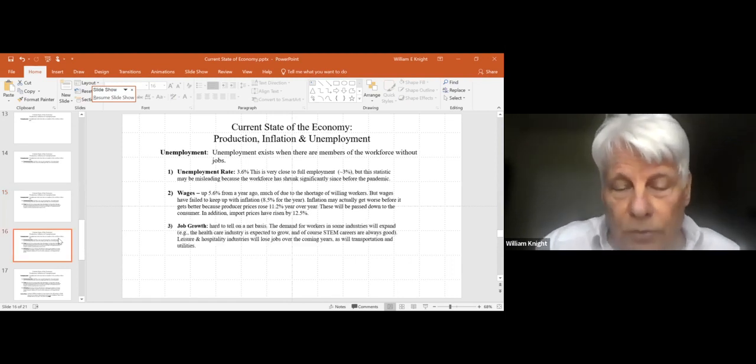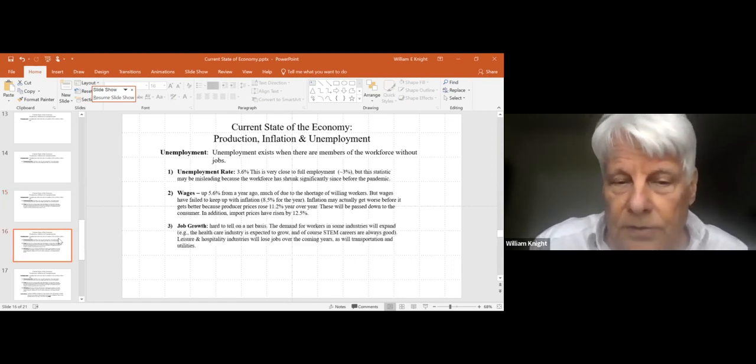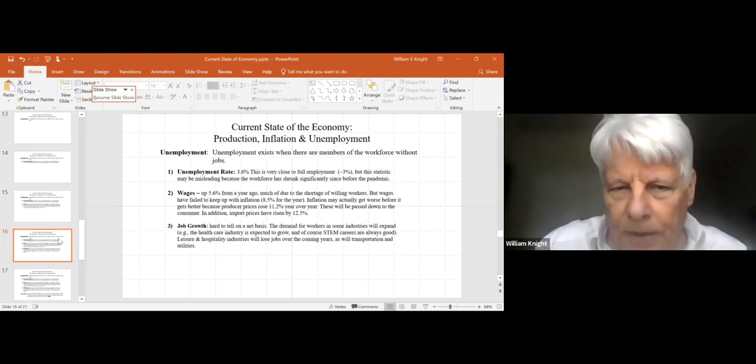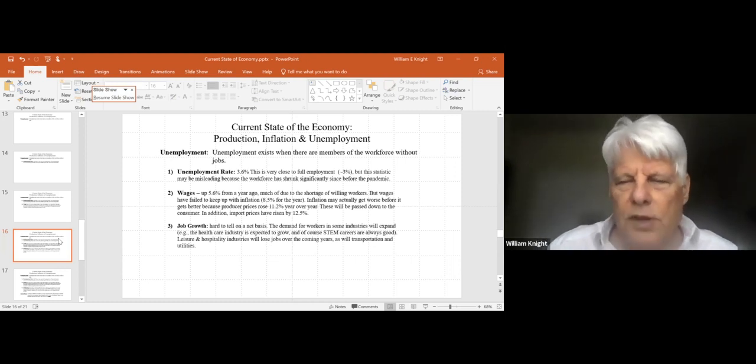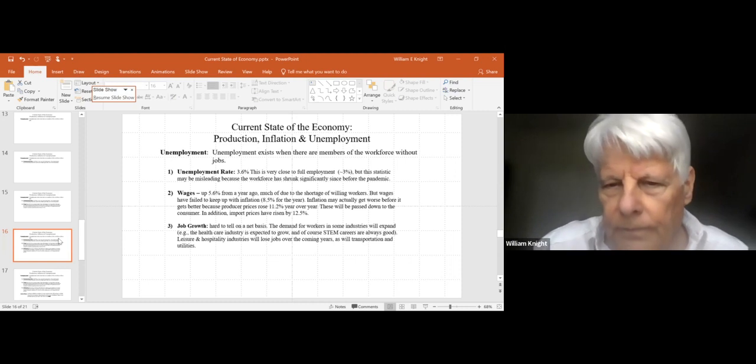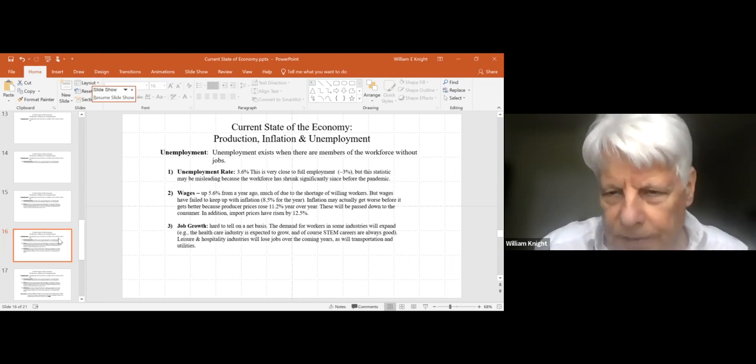Now, what about job growth? As I mentioned, job growth is hard to tell on a net basis. The demand for workers in some industries will expand, like the healthcare industry. That's expected to grow. And of course, STEM careers are always good. Science, technology, engineering, and math. Those are always good.